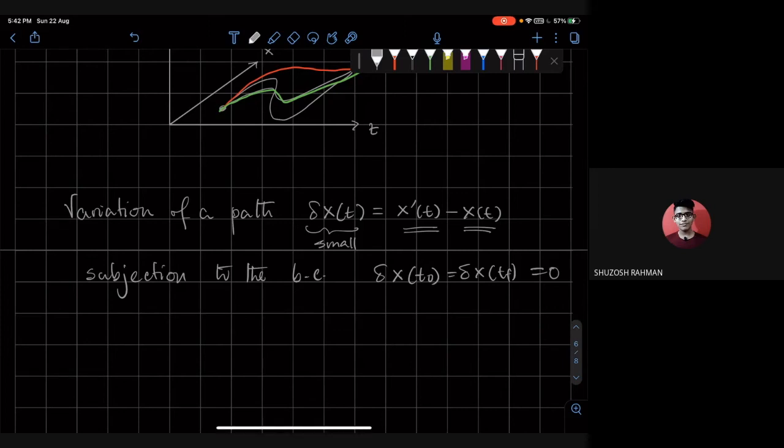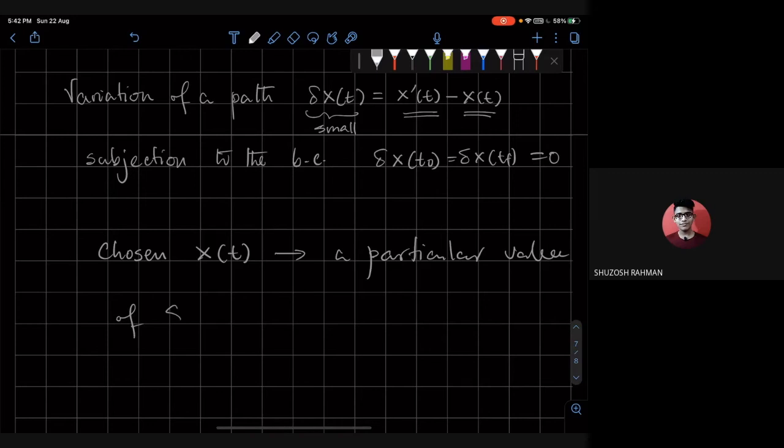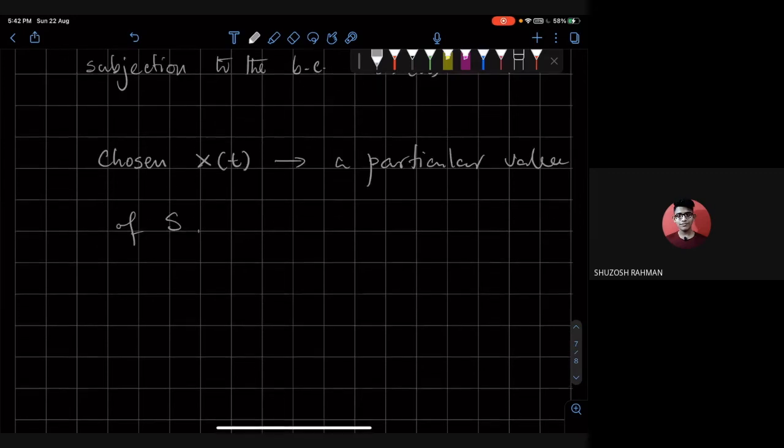Now, once we have chosen a particular path, it doesn't have to be physical, this gives a particular value of the action S. But when we vary this path, the action itself will also vary.